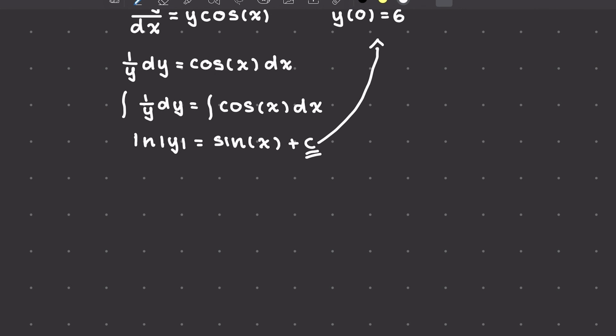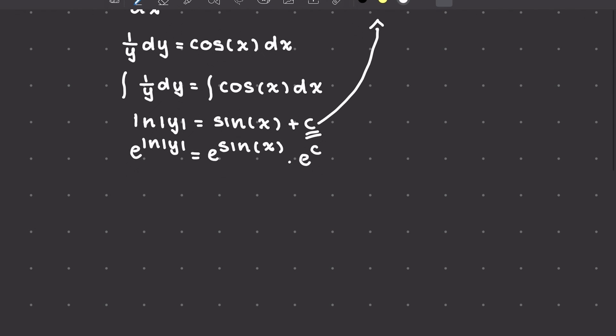So, like from the previous example, we're going to cross out the ln by adding e to both sides here, and plus c we can just put it like this, because remember e to the a plus b is e to the a times e to the b.